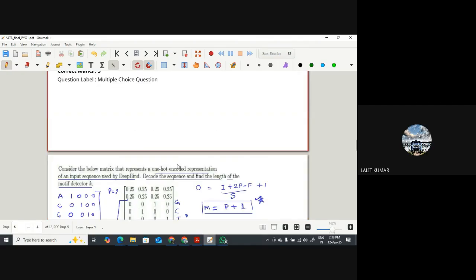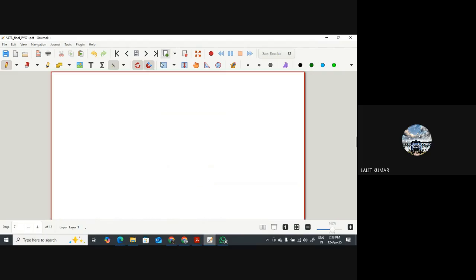So if we see the basics, we can have a discussion on how we are using the CNN to find the motif. This is a sequence we pass, and here we have a filter we are passing, and we keep on finding the differences.